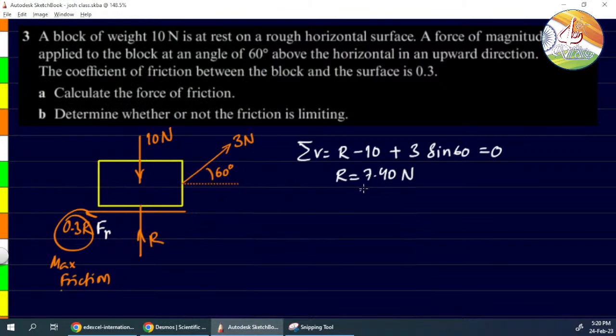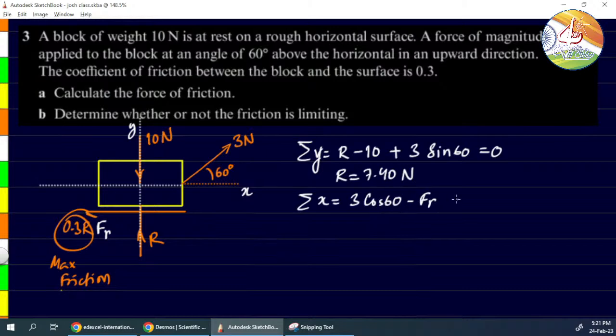Correct. And then sigma x. X is horizontal, y is vertical. 3 cos 60 is in the forward direction minus friction force FR. If it is at limiting point, we can take it as 0.3 times R, but here we cannot take that because he has not told us it is in equilibrium.